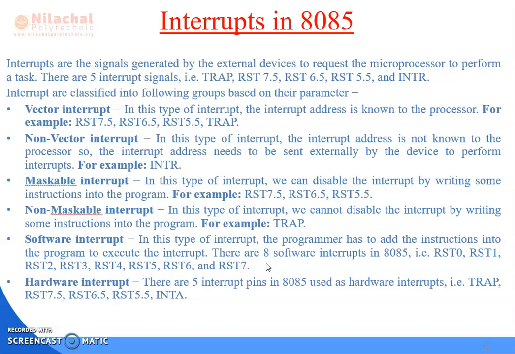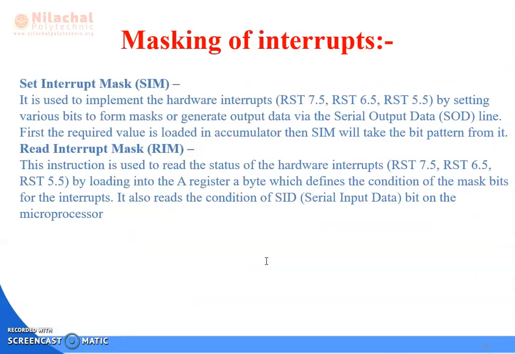Next is hardware interrupt. There are 5 interrupt pins in 8085 used as hardware interrupts, that is TRAP, RST 7.5, RST 6.5, RST 5.5 and INTR. So these are the various types of interrupts available in 8085 microprocessor.